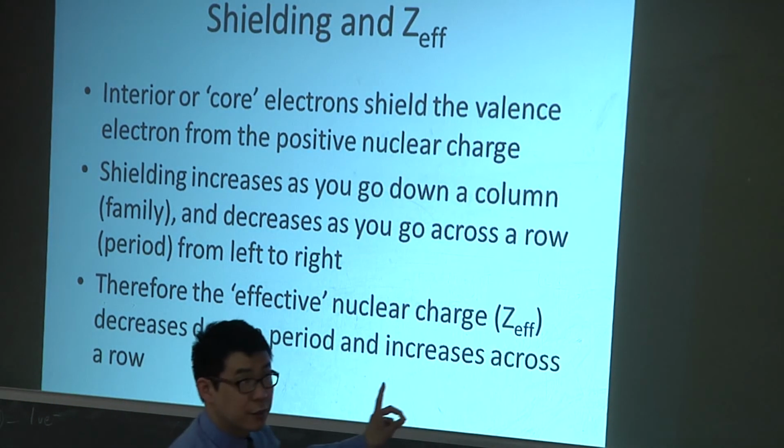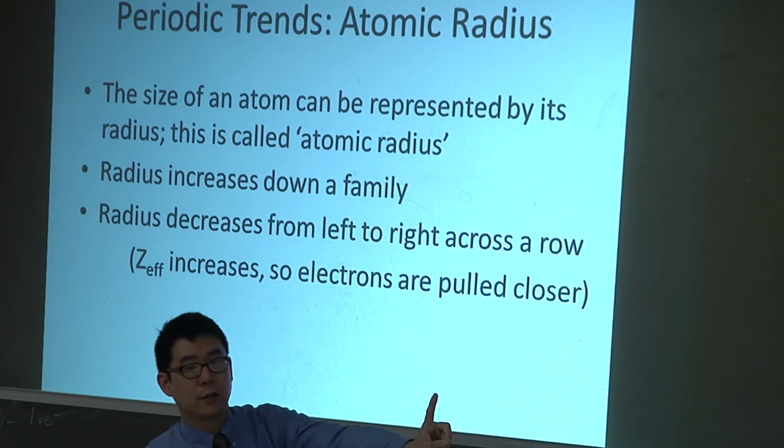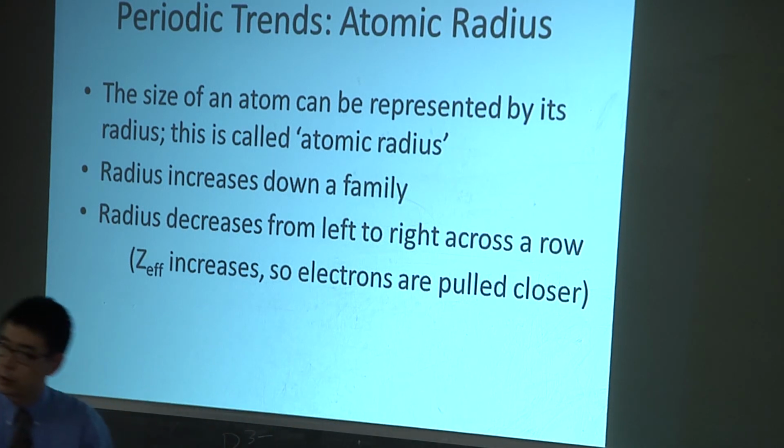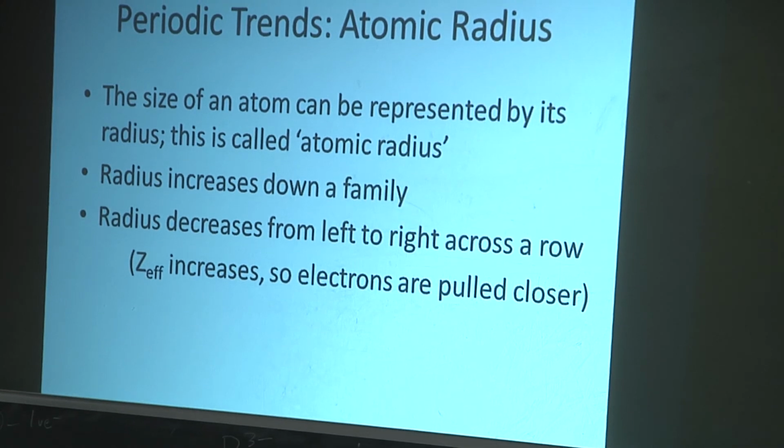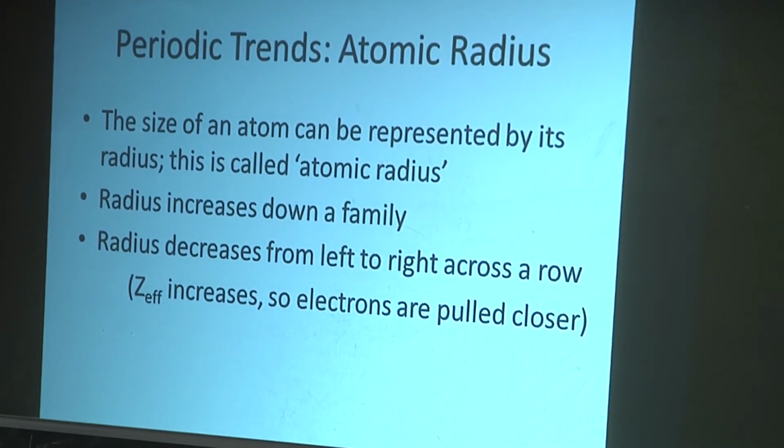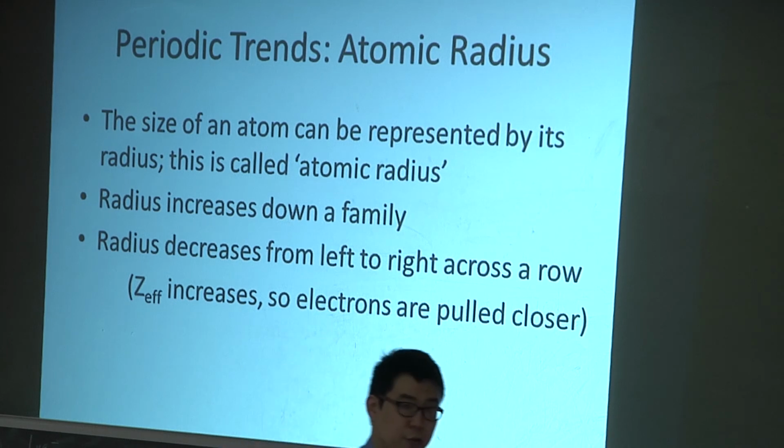So the effective nuclear charge felt by the valence electron increases. That means they're being pulled harder. If they're being pulled harder, what's going to happen to their distance? It's going to get smaller. They're going to come closer. So the radius decreases from left to right across a row because the Z effective increases. The electrons are pulled closer.